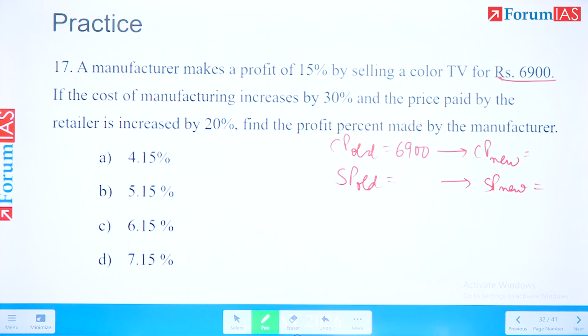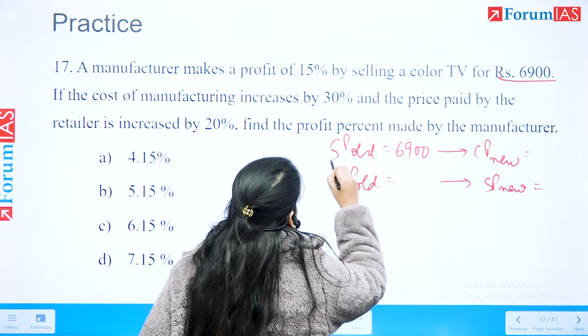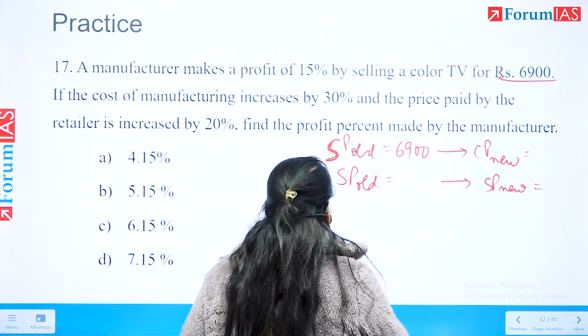A manufacturer makes a profit of 15% by selling a color TV for rupees 6,900. Cost price old 6,900. What will be the selling price old? It has a profit of 15%. Oh, sorry. Cost price. This is selling price. Selling price is 6,900.